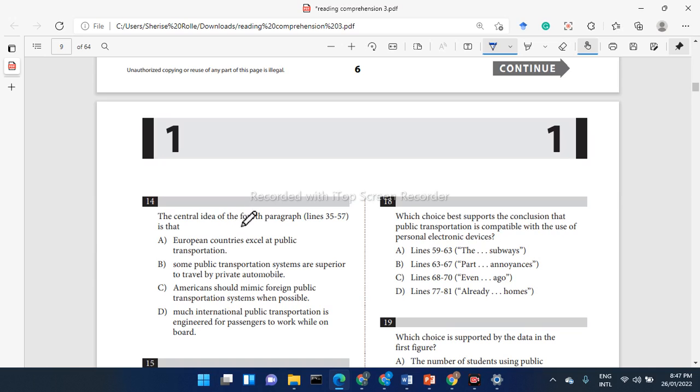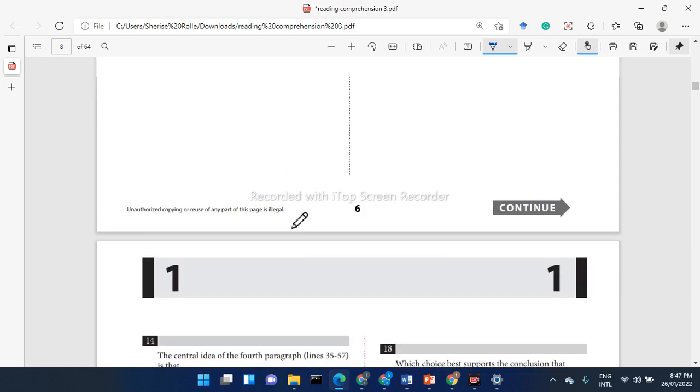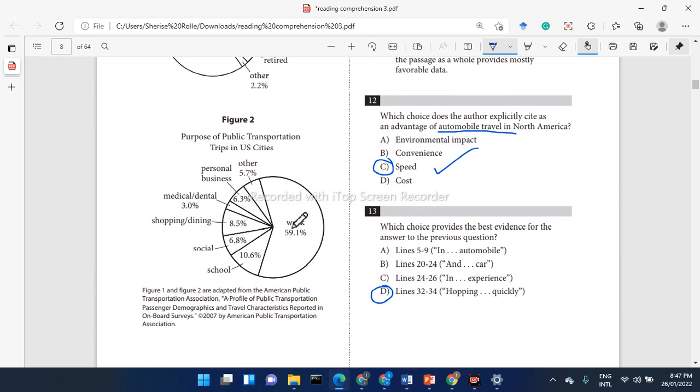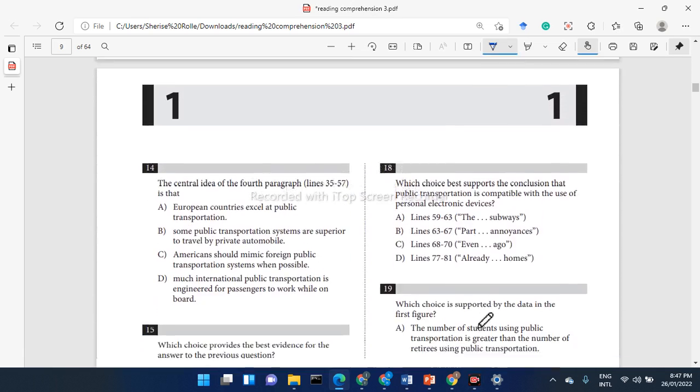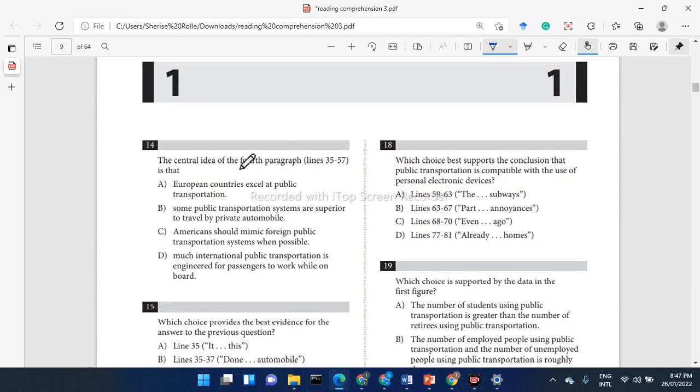The central idea of the fourth paragraph, lines 35 to 57, is that: A, European countries excel at public transportation.